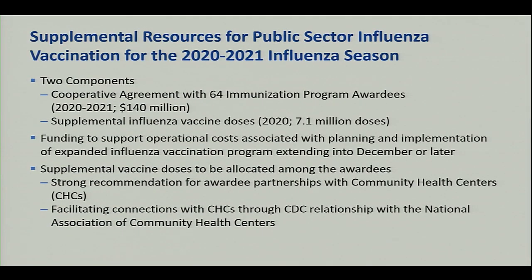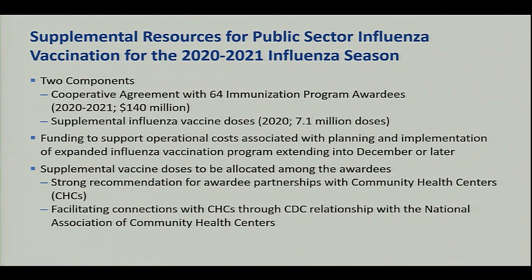We're also pleased to have been able to provide supplemental resources for public sector influenza vaccination for the 2020-2021 season. This includes supplemental funding to support immunization program activities and purchase of additional vaccine for use in adults. In most years, we purchase about 500,000 doses for adults through our federal contracts. This year, we've been able to purchase an additional 7.1 million doses.